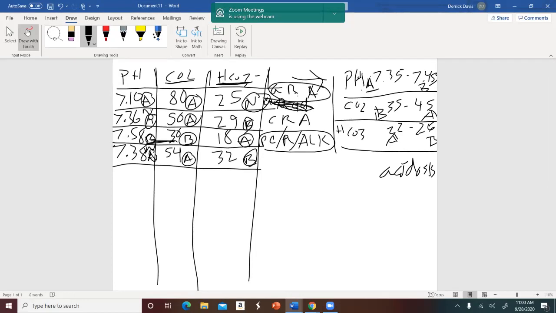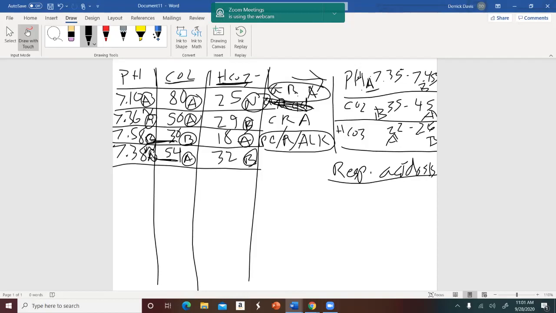So now I need to figure out what's causing my acidosis. So that's just matching letters up. So here I have a respiratory. Remember, CO2 represents a respiratory acidosis, so I'll just write that down. So I have some sort of respiratory acidosis. Okay, now I need to figure out what kind it is. So is the pH normal? Yes.